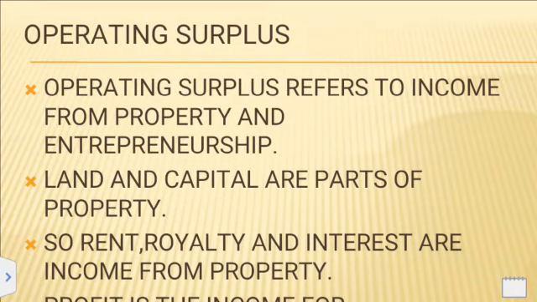Now property constitutes two parts. Two factors of production constitute property: land and capital. Land and capital are referred to as property, and entrepreneurship, as you already know, is the human capital part of it.